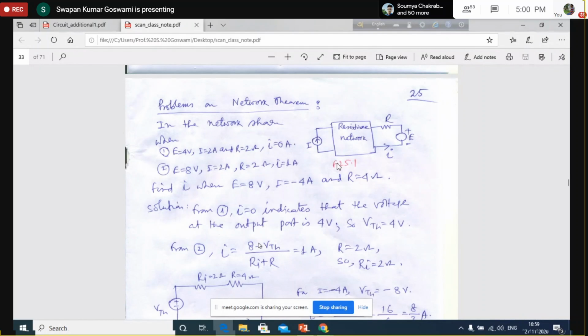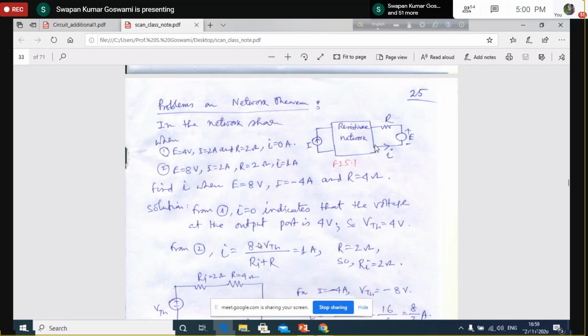You see that here it is given that this current I becomes 0 when a 4 volt source is connected here and I becomes 2 ampere. This means that when this I is 2 ampere, a voltage equal to 4 volt is appearing across the output terminals. So because of this 4 volt here and 4 volt here, no current is flowing through this resistance or through this path.